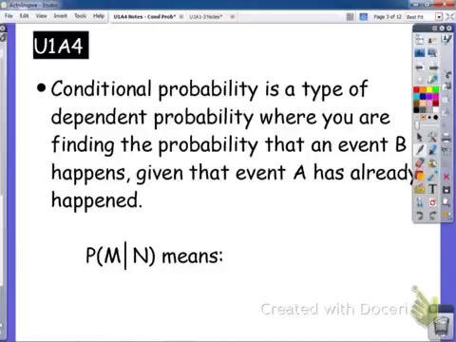Conditional probability is a type of dependent probability where you are finding the probability that an event B happens given that an event A has already happened.